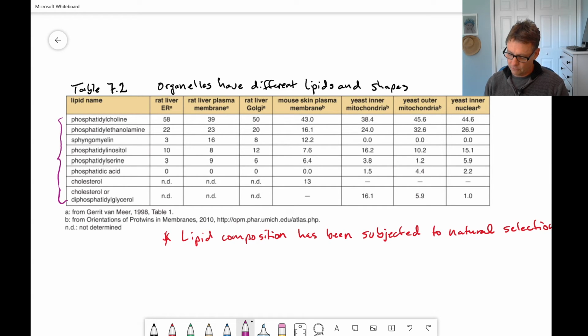But if you go into the yeast, you see it's all zeros. It doesn't exist in yeast. And so yeast is a fungi, and it's a much different organism than a rat, which is an animal.